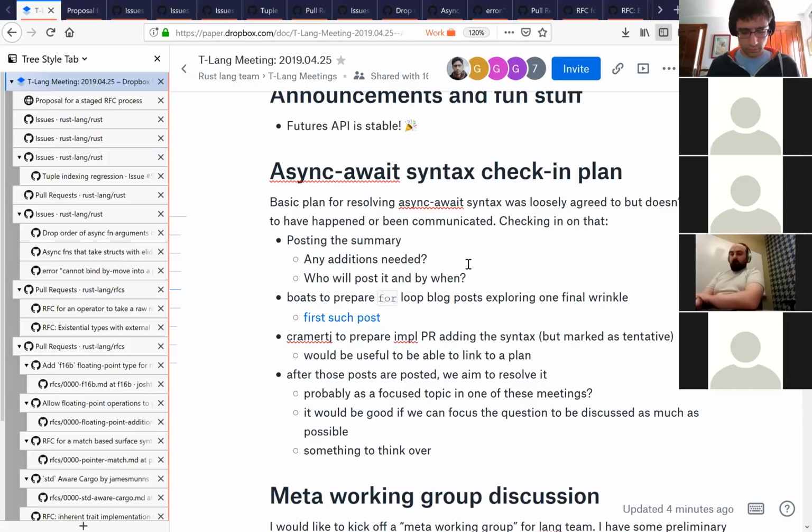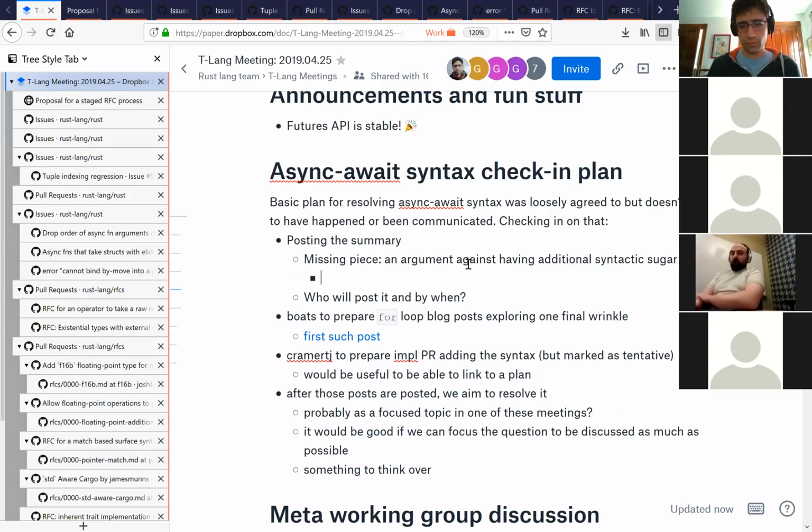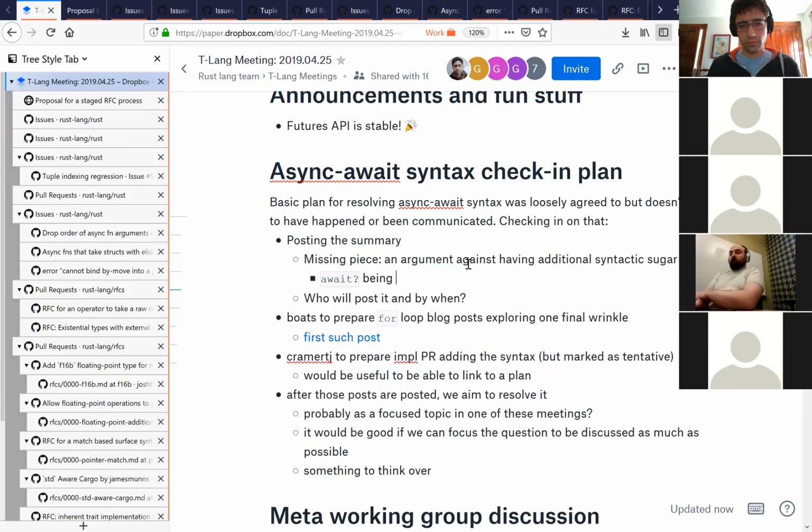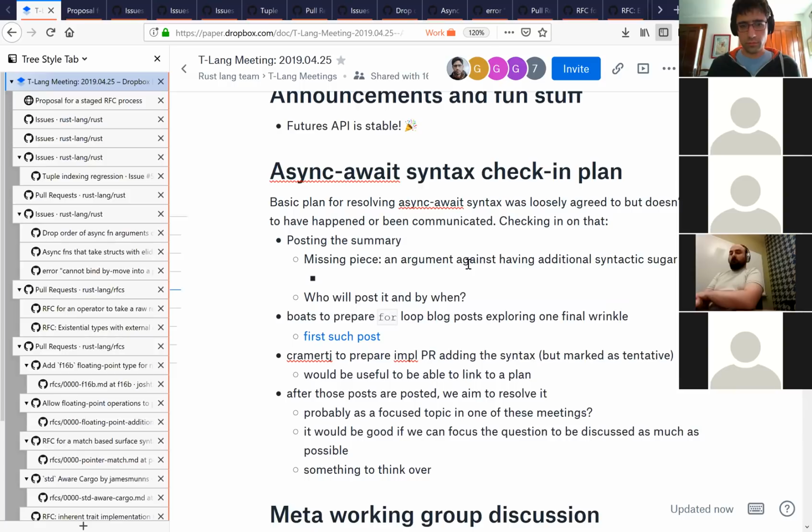There was an argument made by both Central and Josh about not avoiding having syntactic sugar, like the await question mark form being preferable if that were just the composition of two syntaxes that otherwise exist. And that argument would be better if one of them made it than trying to make it for them. I would be more than happy, if there is a summary document to edit, to provide a detailed write-up of that.